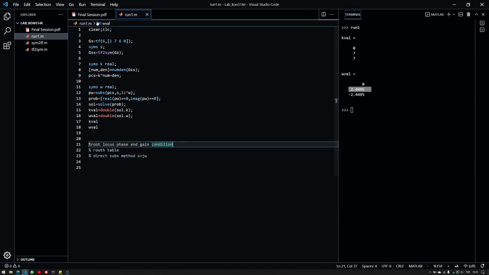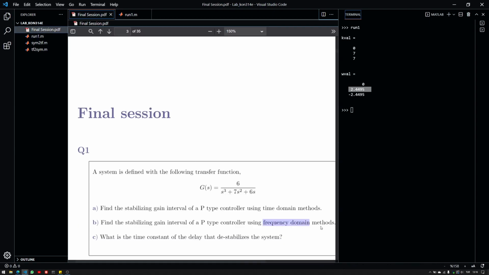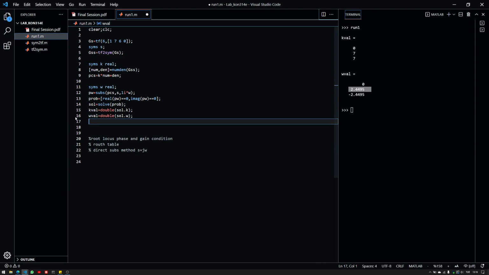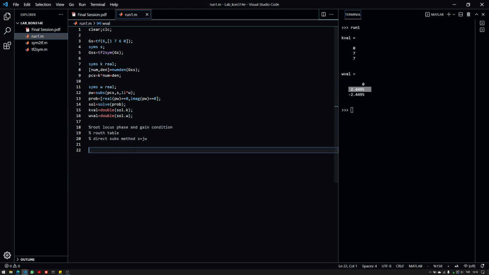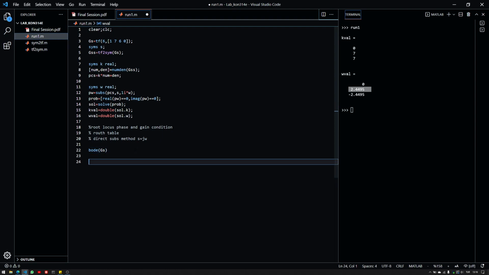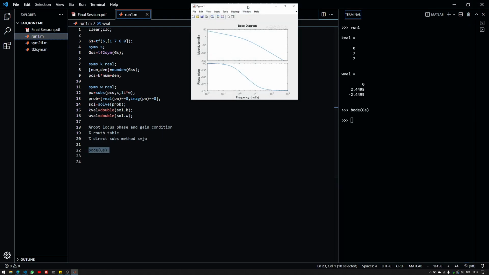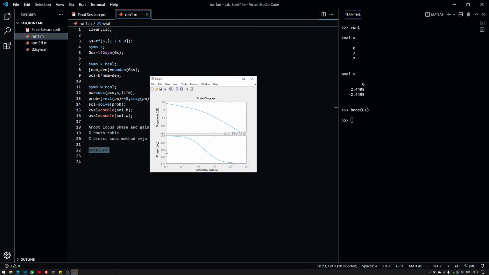So let's attack the problem from a different angle, which is the frequency method. So what about the frequency method? Now, for the frequency part, most of the time, you would use the Bode diagram. So just plug in bode G(s), and remember that once you have the Bode diagram, you were looking for negative 180 degrees, which is this one.